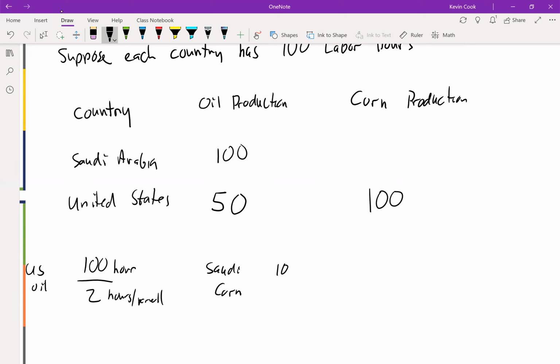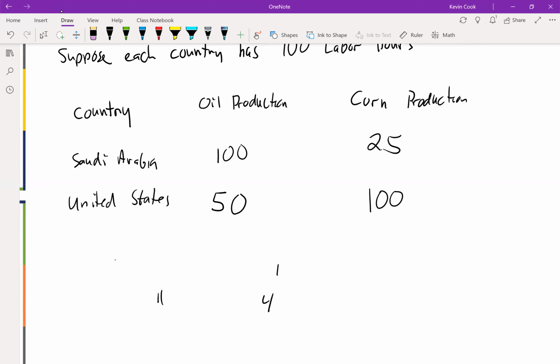I have 100 hours to work with, and it takes 4 hours to produce 1 unit of corn. 100 divided by 4 gives them 25 corns. So this is going to be a production, and this is what we could produce.